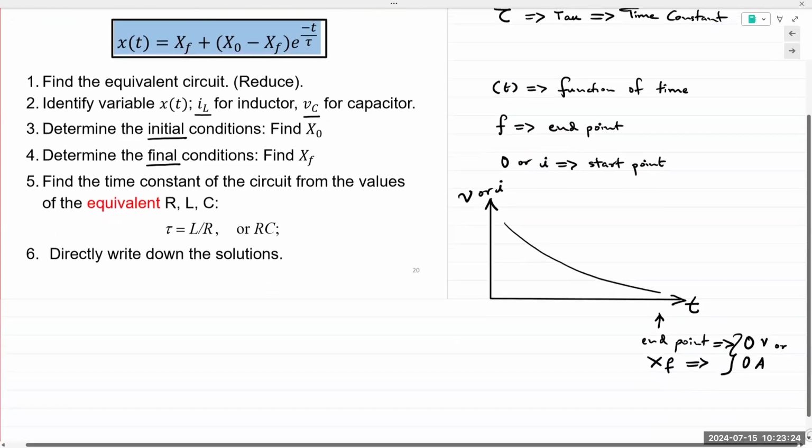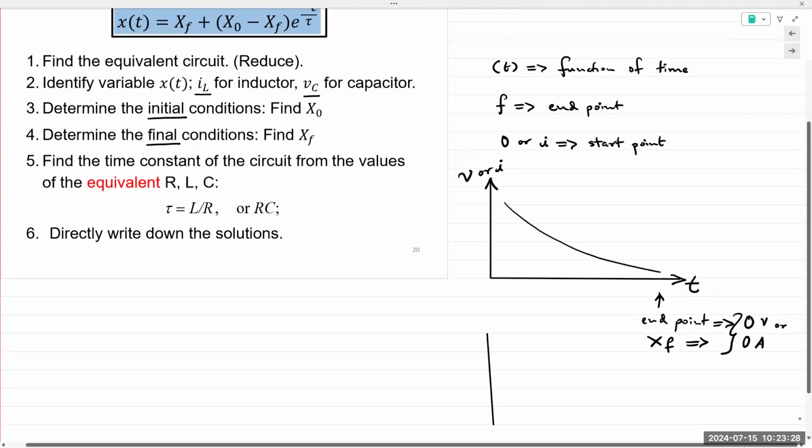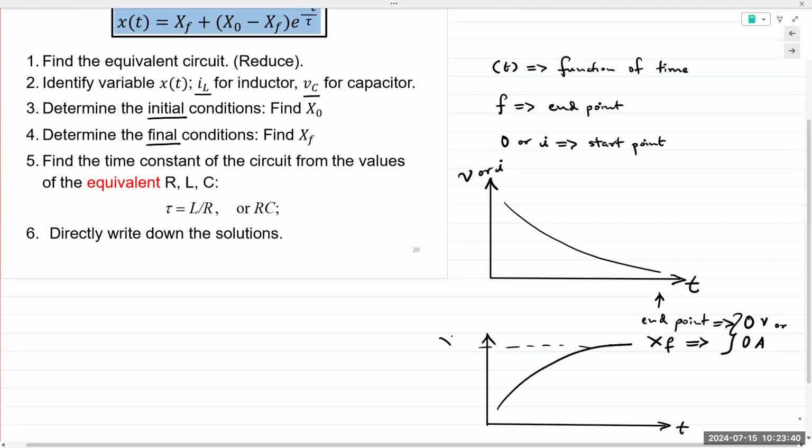Now, if you are charging, your final value, Xf, would be equal to the source if it's connected directly, or it would be equal to the voltage that would appear across those terminals, which would be the Thevenin voltage or the Norton current.